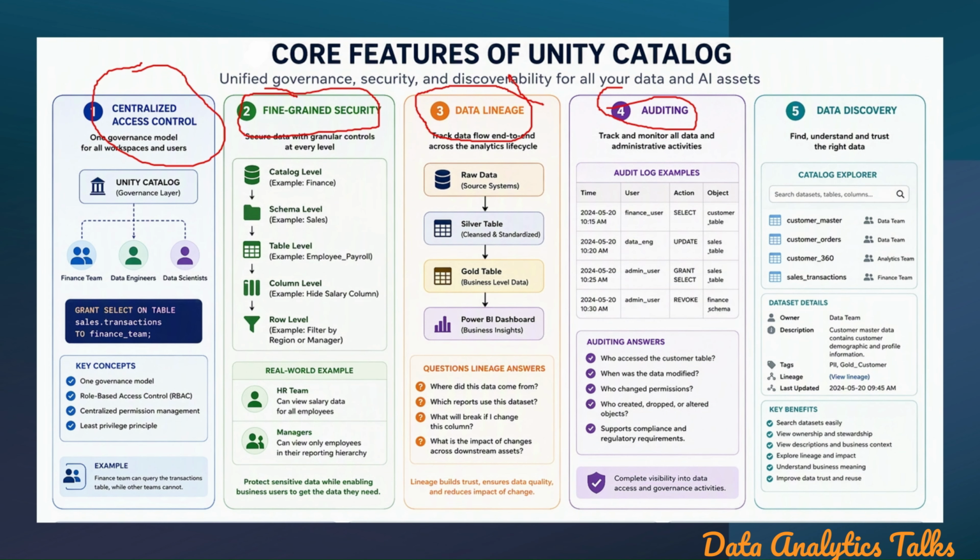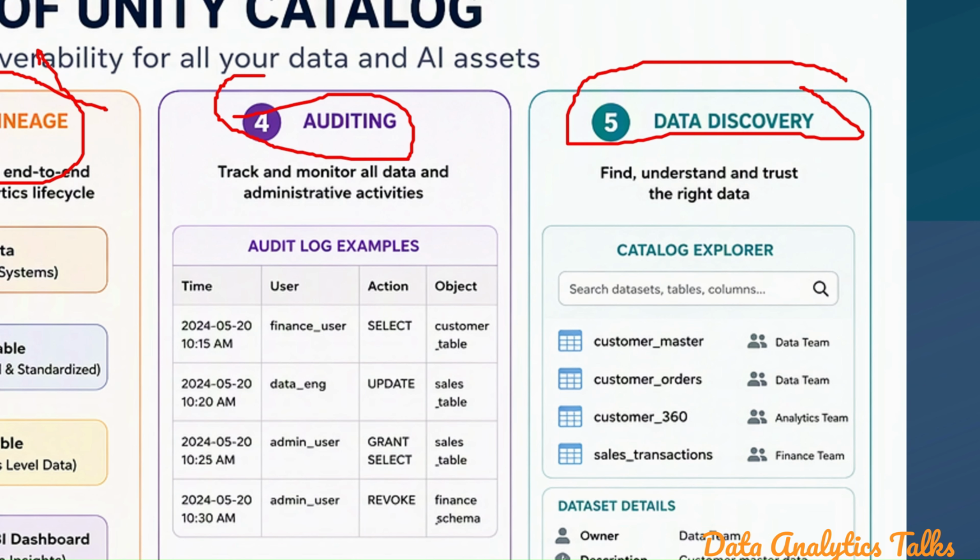Finally, the fifth capability is data discovery: find, understand, and trust the right data. As organizations grow, finding the right data becomes increasingly difficult. Unity Catalog solves this through Catalog Explorer. Users can search for tables, views, columns, and datasets.